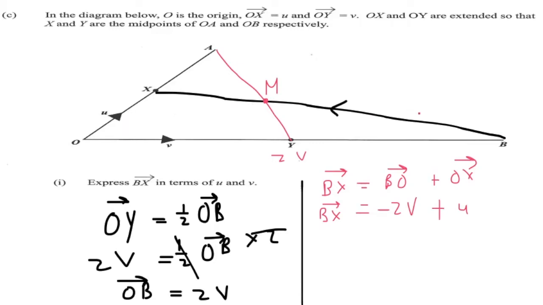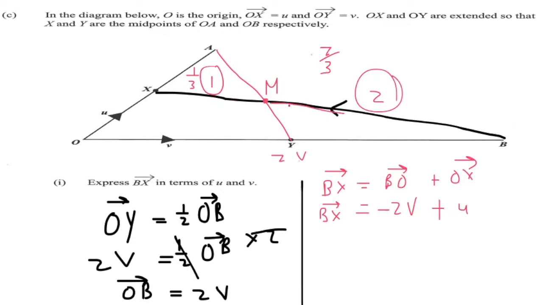So it means that BM, if this is 2 parts, then this is 1 part. The entire line, this would be 2/3 of the line, and this would be 1/3 of the line. So MX is 1/3, and this is 2/3, based on the fact that they said BM is equal to 2 of MX.